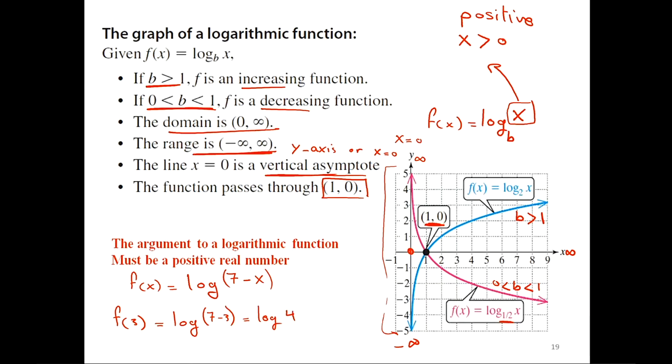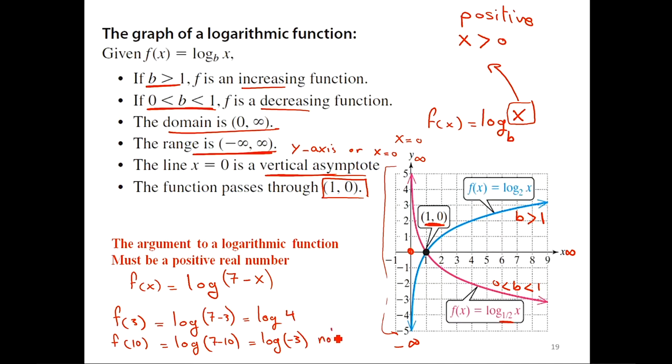But if we need to find f of 10, this is equal to logarithm of 7 minus 10, so we have logarithm of negative 3. But try to find the logarithm of negative 3 to base 10 by calculator.